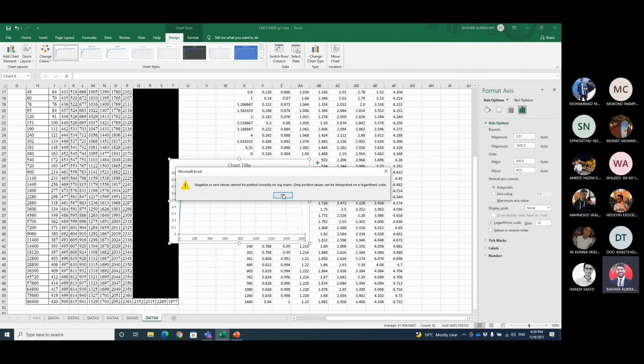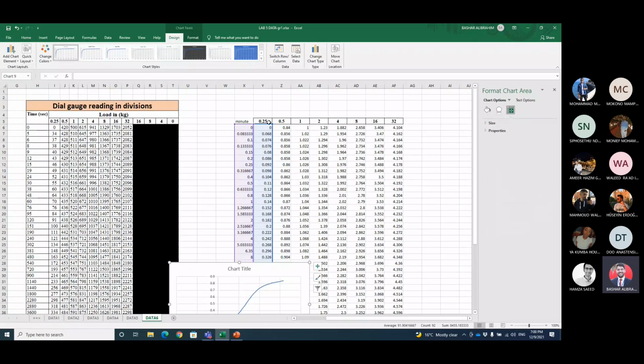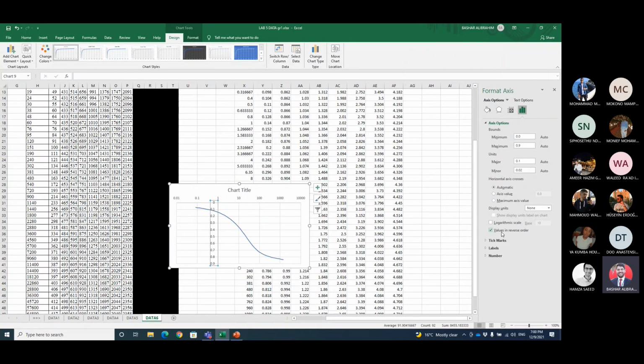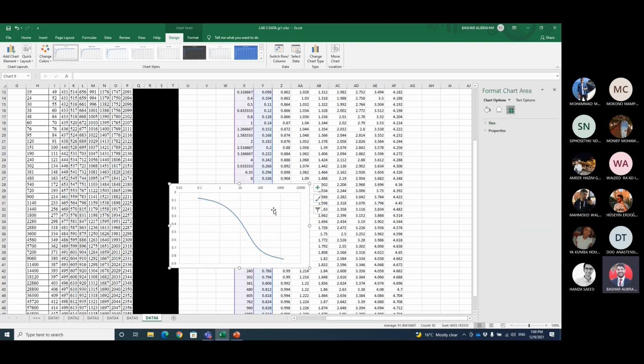It will give us an error because we selected the 0, so do not select the 0. Then I format the axis and make it in reverse order, so we will have the curve like this. And I will shift this to 0.01. I click on this axis, select axis value, and make it 0.01, so it is on the side. Okay, so now we can work with this.